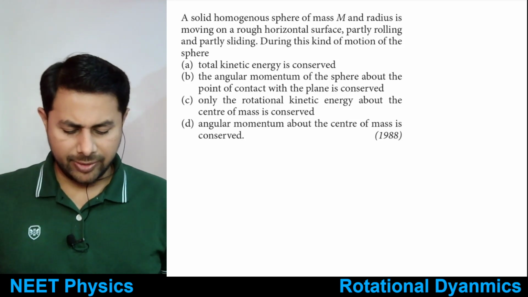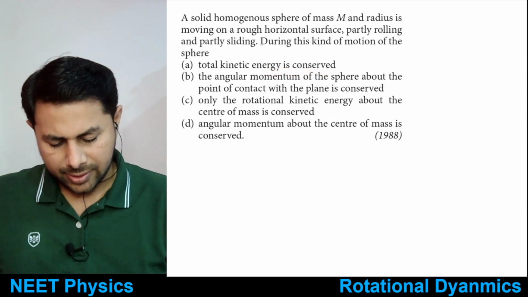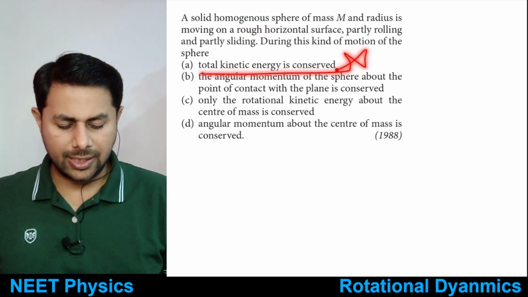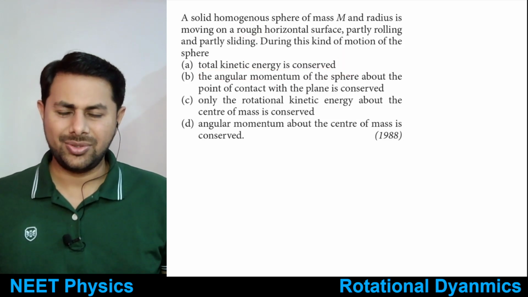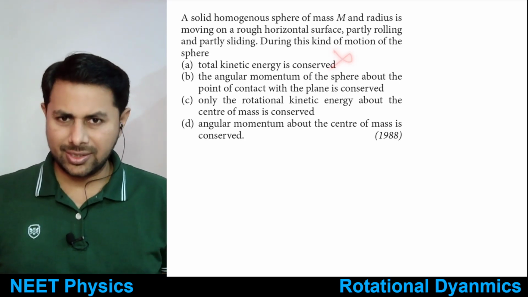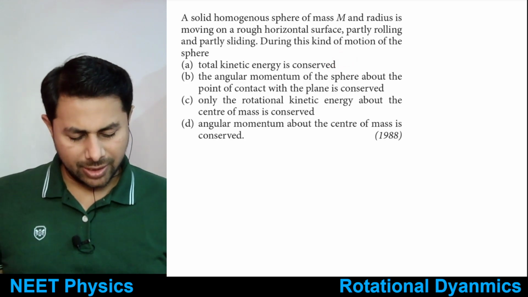Okay, let me explain this one. So now if it is sliding, it is rough surface, so its total kinetic energy cannot be conserved, right? Because it's sliding, so there is some friction, kinetic energy will decrease. Then there is relation between linear and rotational motion also.